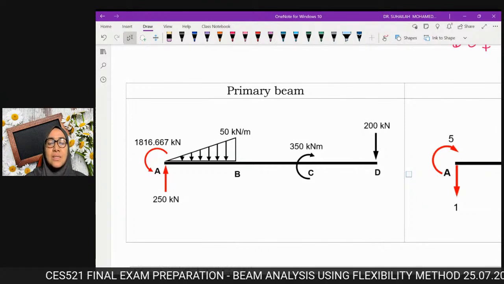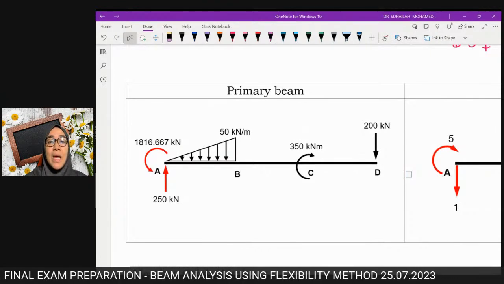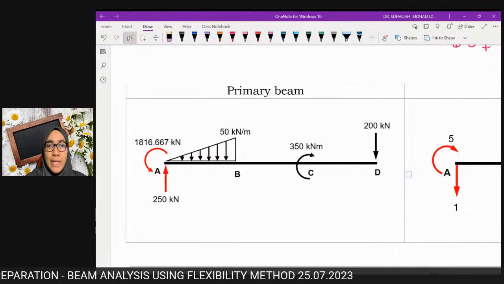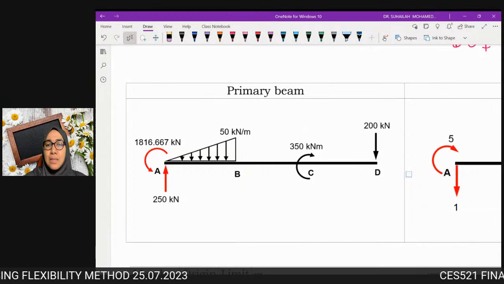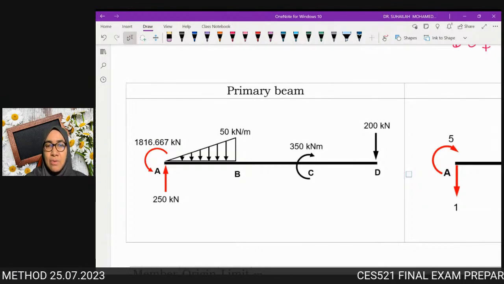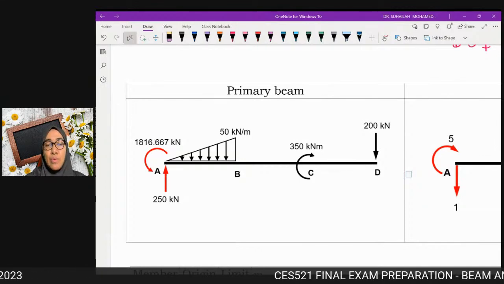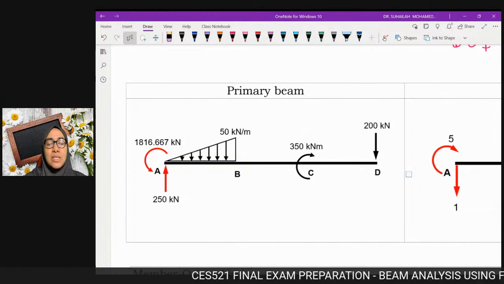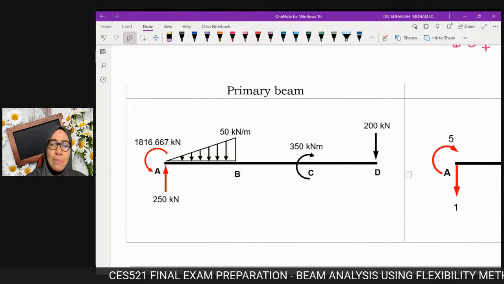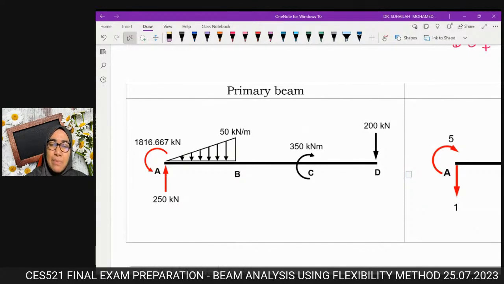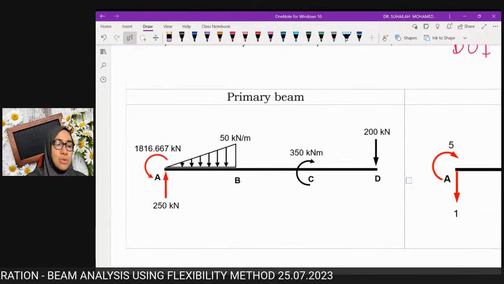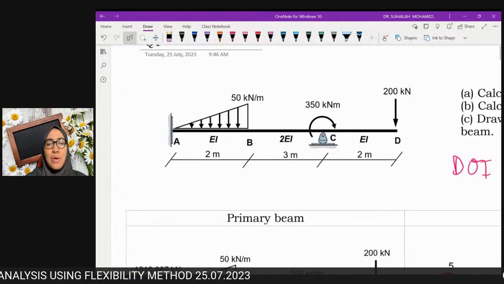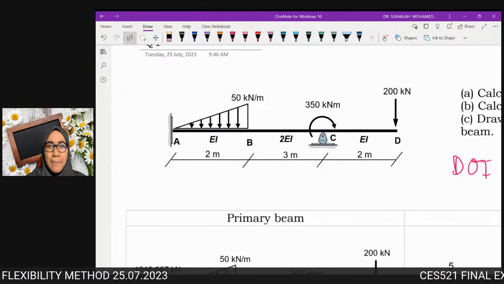So it is just a cantilever beam subjected to various loading: 50 kilonewton per meter, 350 kilonewton meter, and 200 kilonewton. This is called the primary beam. The primary beam is a determinate beam after removing the redundant from the system. The original we call the actual beam, and the actual beam is an indeterminate beam.